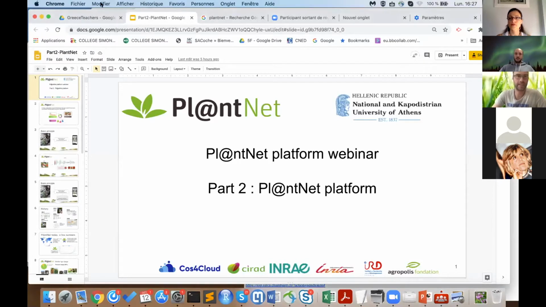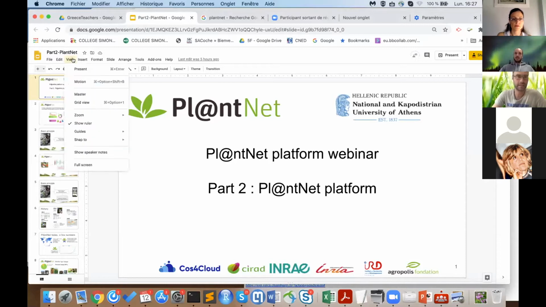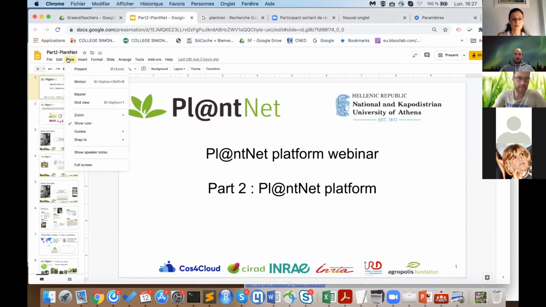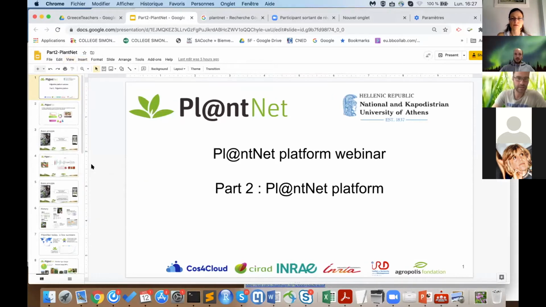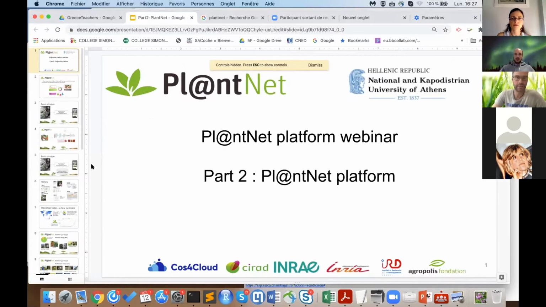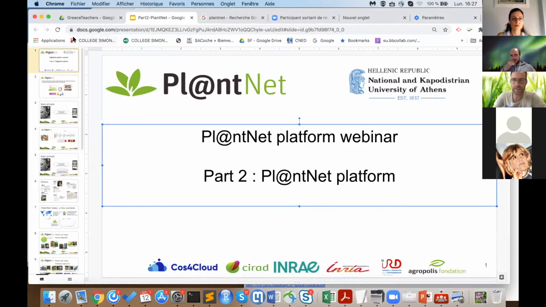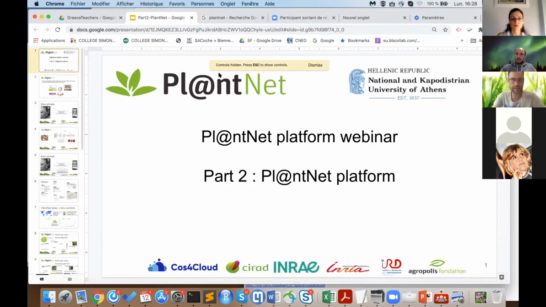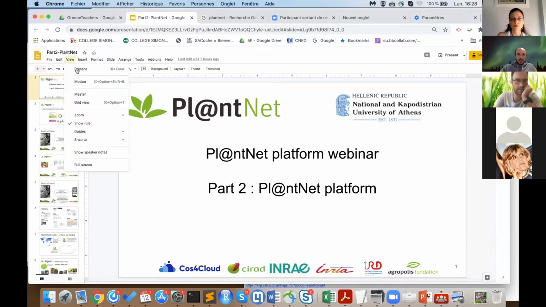Is it okay? You see it? Yes, but it's not in full screen. Yeah, make it full screen. Is there a button on the right side of the screen? Yes, present, yes.